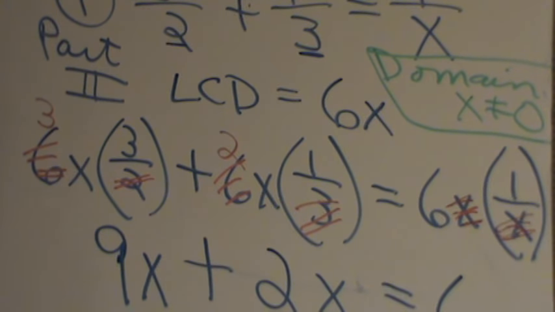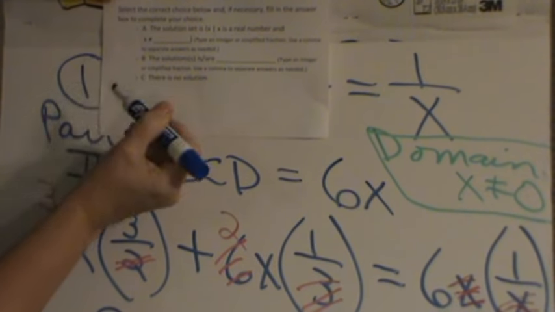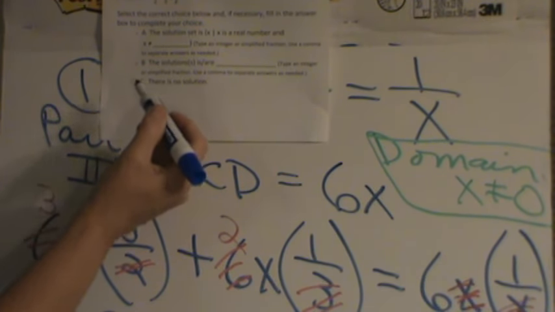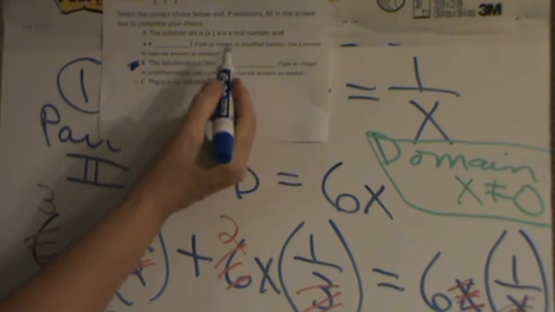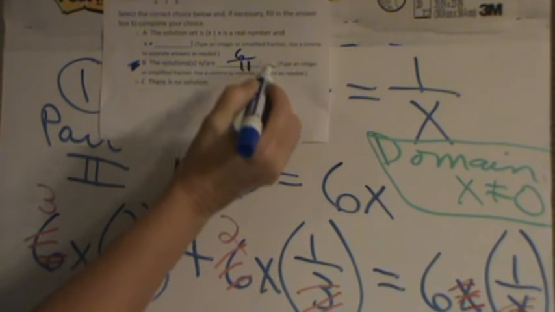We got 6/11. So you can put in for your answer for part 1, it will be B. The solution is 6/11.